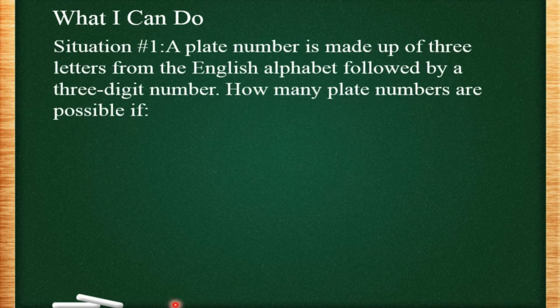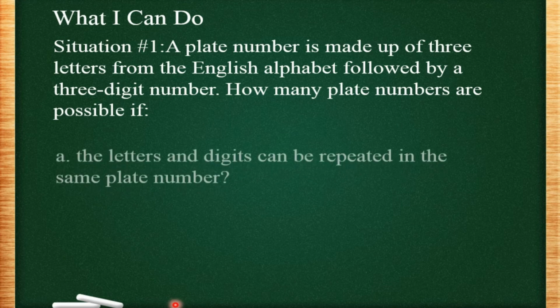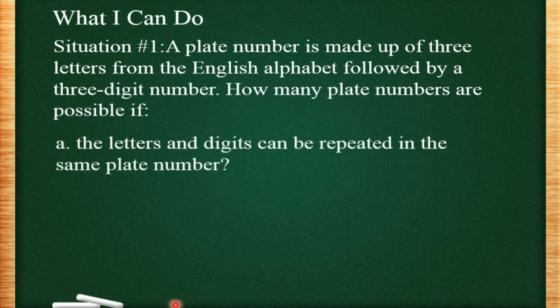This time, let us consider the practical applications of what we just have learned. Let's consider situation 1. A plate number is made up of 3 letters from the English alphabet, followed by a 3-digit number. How many plate numbers are possible if the letters and digits can be repeated in the same plate number?